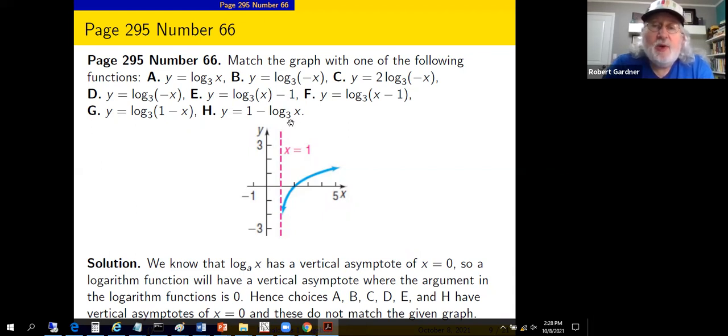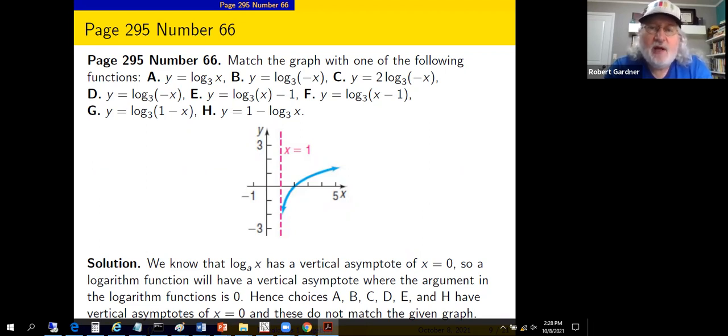From this, we've done some reflections, it looks like, with a negative sign about the y-axis, but the asymptote remains at x equals 0. And here we've done a vertical translation up by adding 1, but the vertical asymptote stays in the same place. So take the argument in the log function in all of these, and that'll tell you where the vertical asymptote is. So we've eliminated everything but F and G.